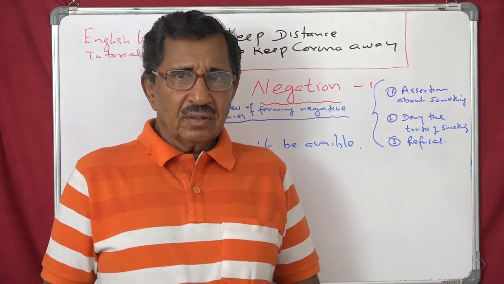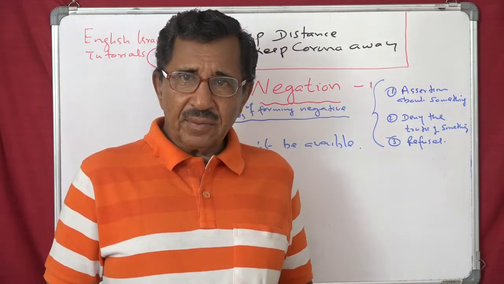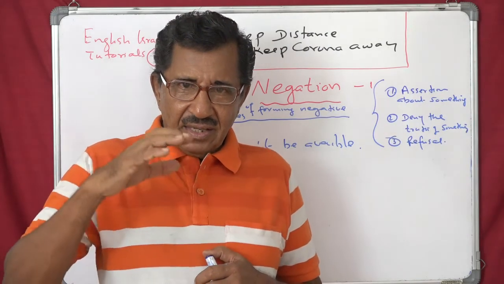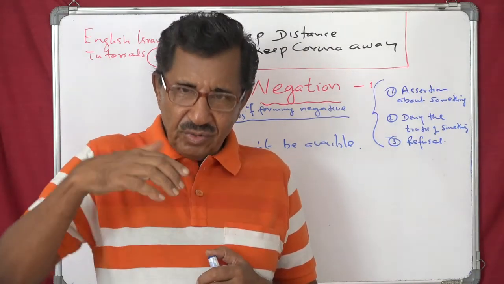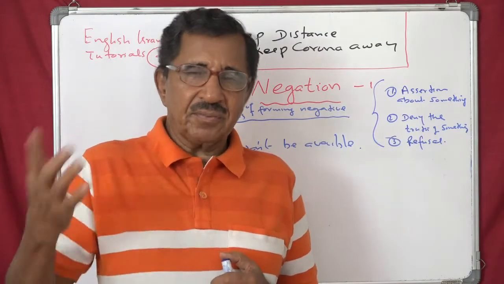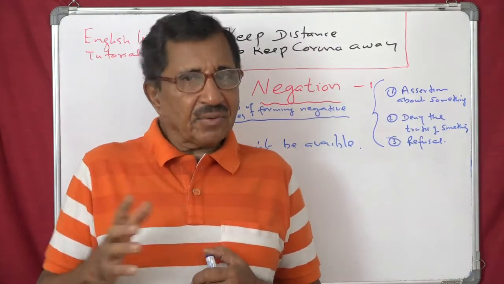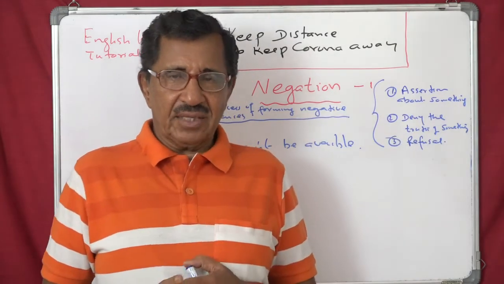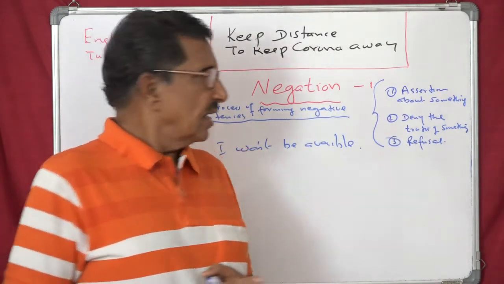Or, are they sleeping? They are not sleeping. So you use a negative for saying something about something. That is the first one, assertion of something, the fact.